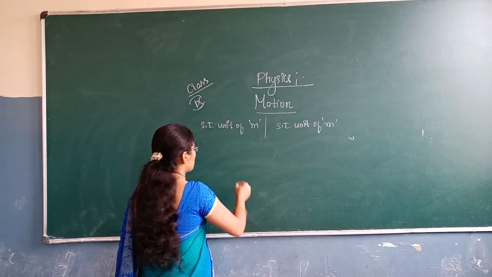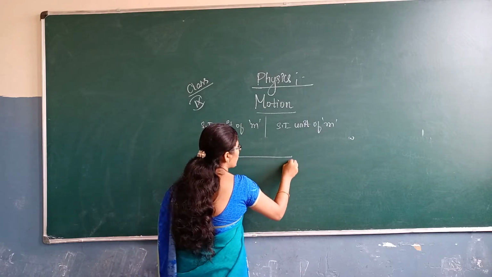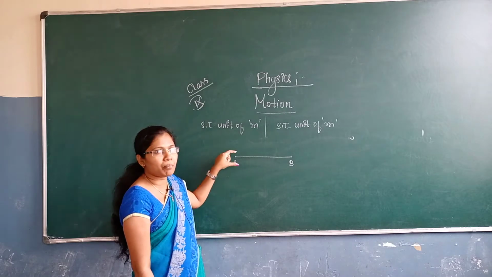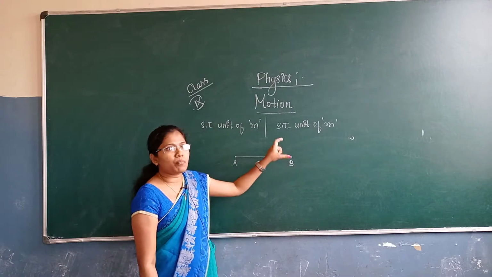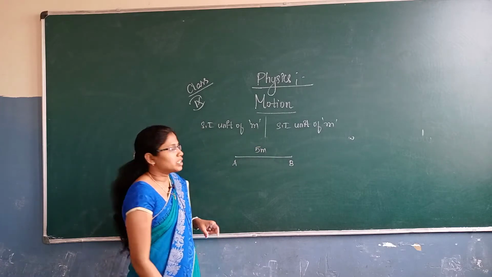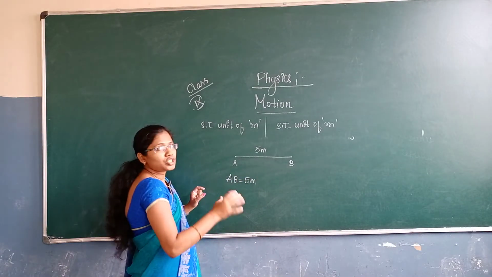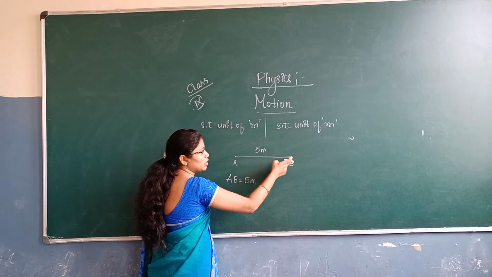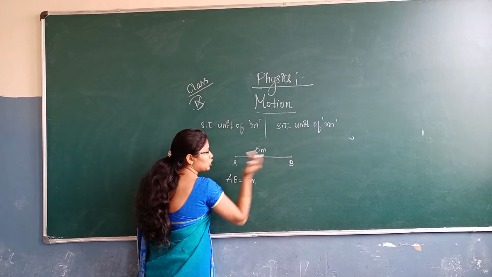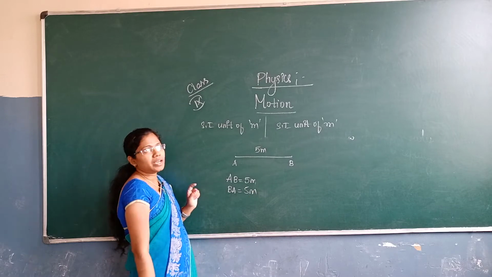The last important point: suppose an object travels from point A to point B. Let us assume the object started its journey from point A and moved up to point B, traveling 5 meter. Then we can write AB is equal to 5 meter. If the object comes back from B to A, we can write BA is also 5 meter.